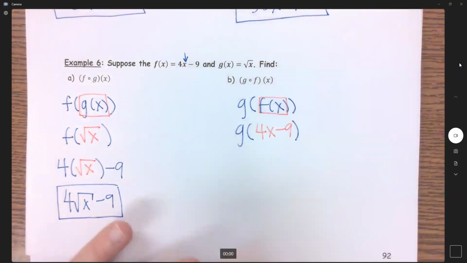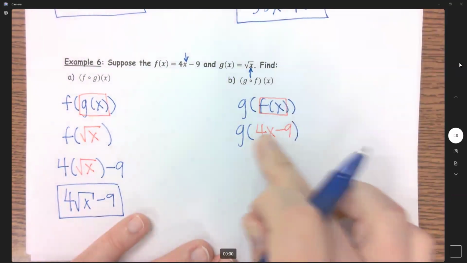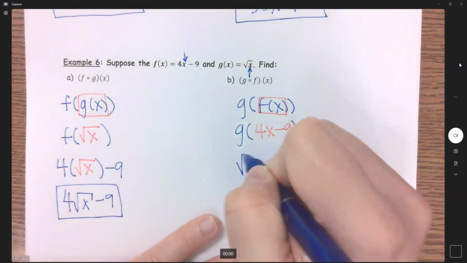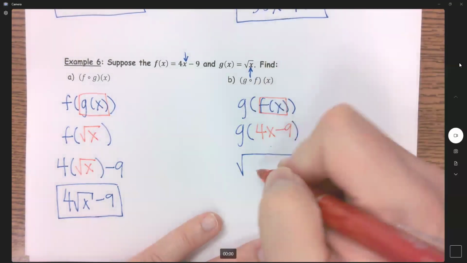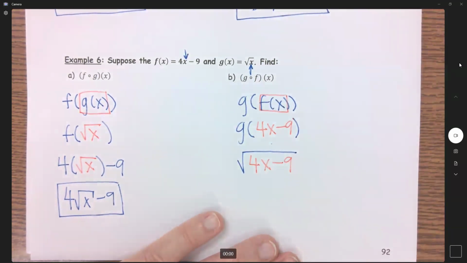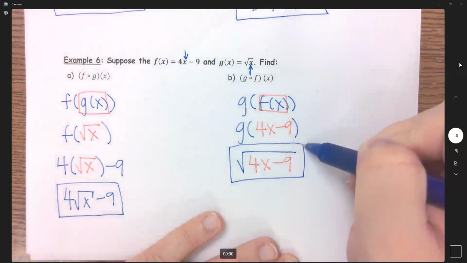Now I'll go into my g of x function and replace that x with what I have in parentheses. So this x is getting replaced with this. So we will have the square root of 4x minus 9. Can't do anything to that. So that is my answer.